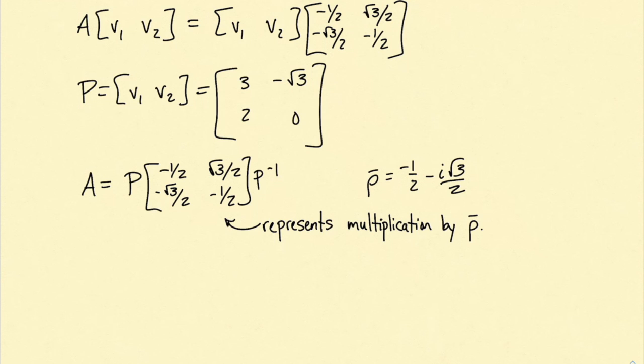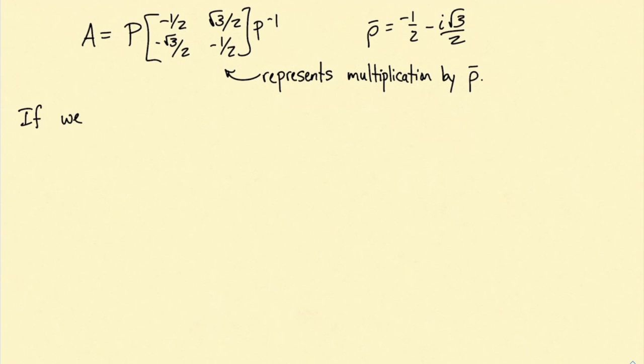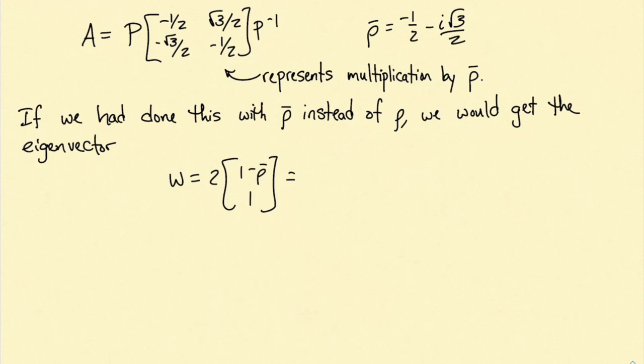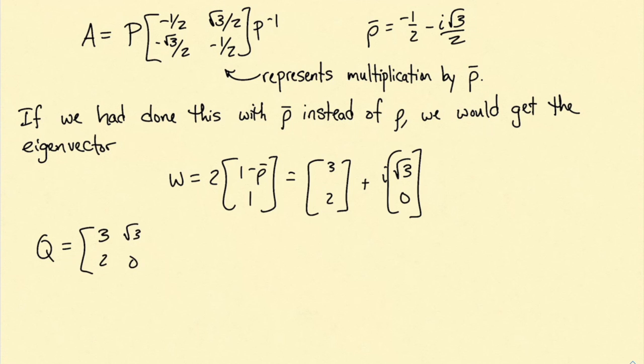So if we had done this process with rho bar instead of rho, we would get the eigenvector W, which is twice the eigenvector 1 minus rho bar, 1, which has a real component, the vector 3, 2, and an imaginary component, the vector root 3, 0.